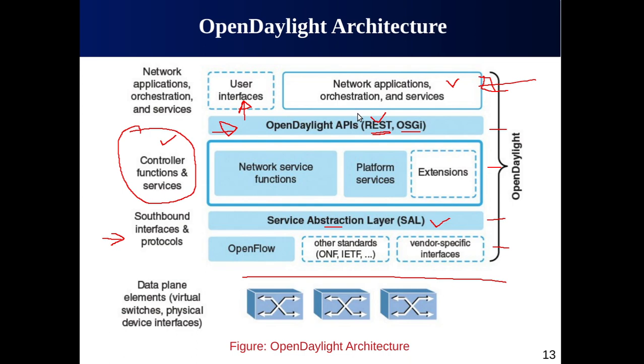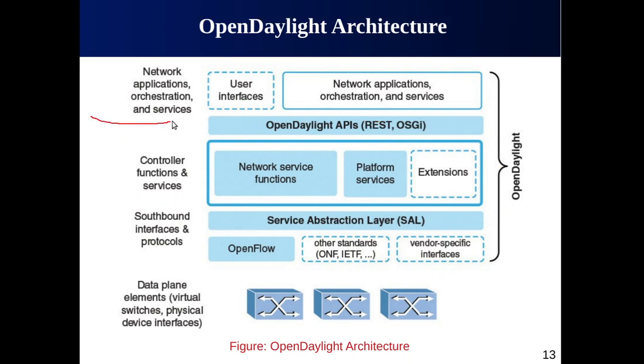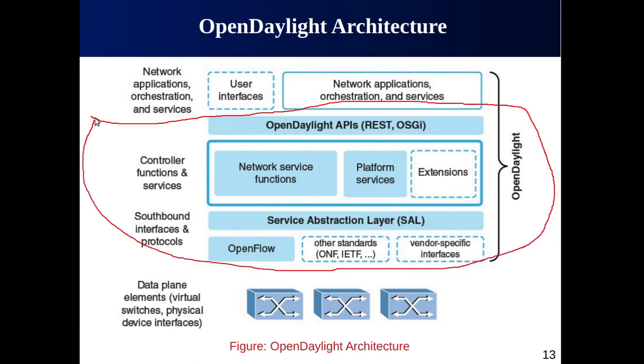That is why OpenDayLight is more than just an SDN controller. The SDN controller is actually this part, but it also has a layer which represents the applications or the services. So OpenDayLight is more than just the SDN controller implementation.